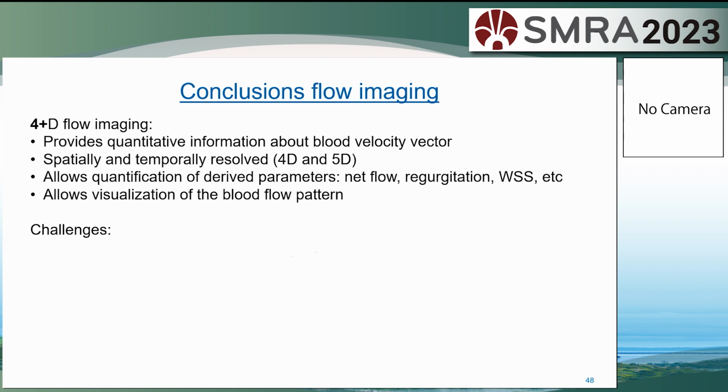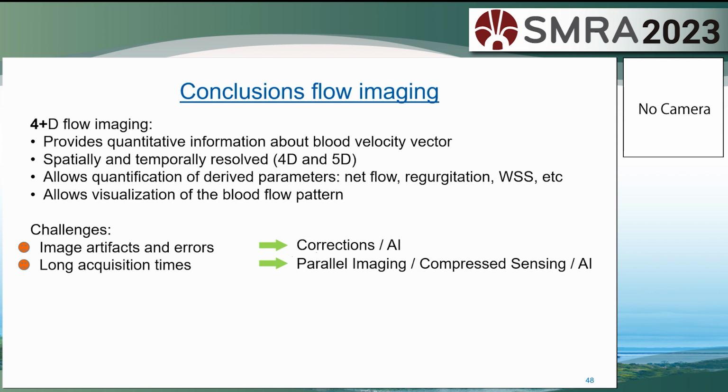So 4D flow imaging allows us to measure quantitative information about blood flow as well as tissue motion. We can spatially and temporally resolve the blood flow or tissue motion. We can quantify many interesting parameters and visualize the blood flow. We have a lot of challenges that we tackled or tried to tackle in the past, from image artifacts to long acquisition times.